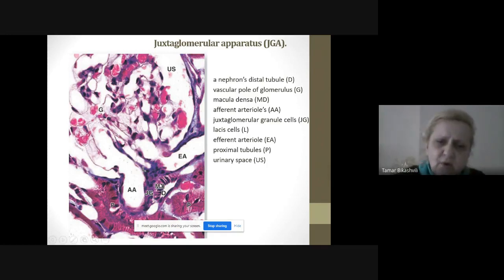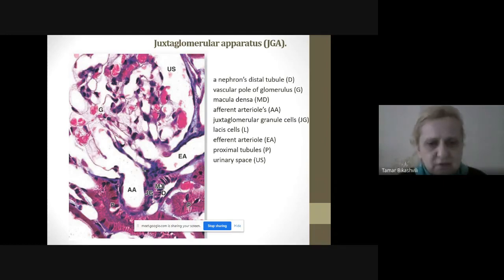Also, the cells of the afferent arteriole are modified here. In arterioles, the inner cells are endothelial cells, squamous cells, and arterioles have 2-3 layers of smooth muscle cells. The smooth muscle layer is changed here. Normally the function of these cells is contraction, but here they become another type of cells.